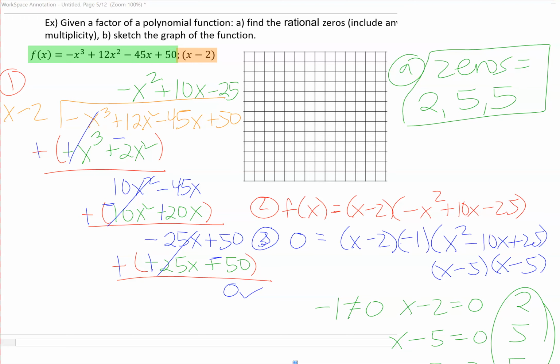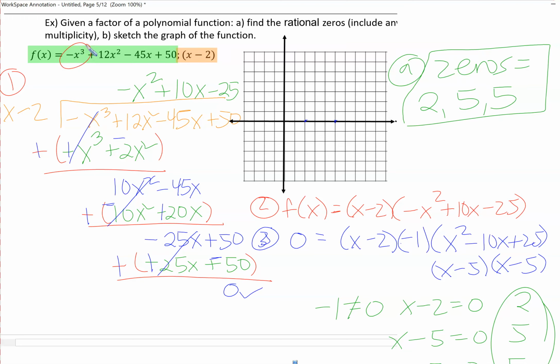All right, so now we are going to graph this. Our zeros are at 2 and at 5. And remember, we have that multiplicity at 5, so we don't want to forget that. Our end behavior is based on the first term of our function, which is a negative x cubed.